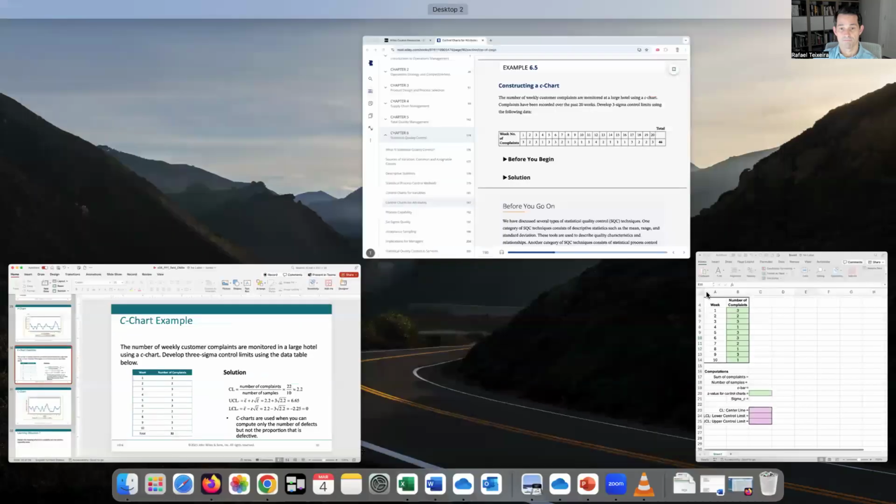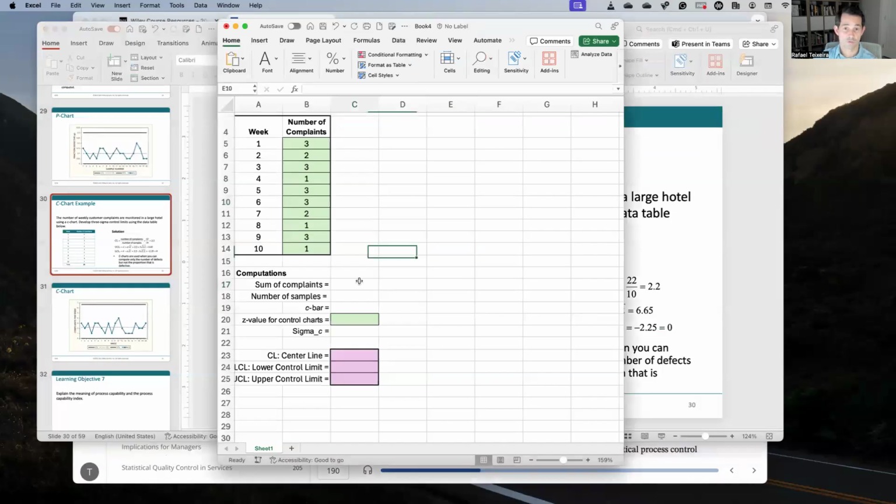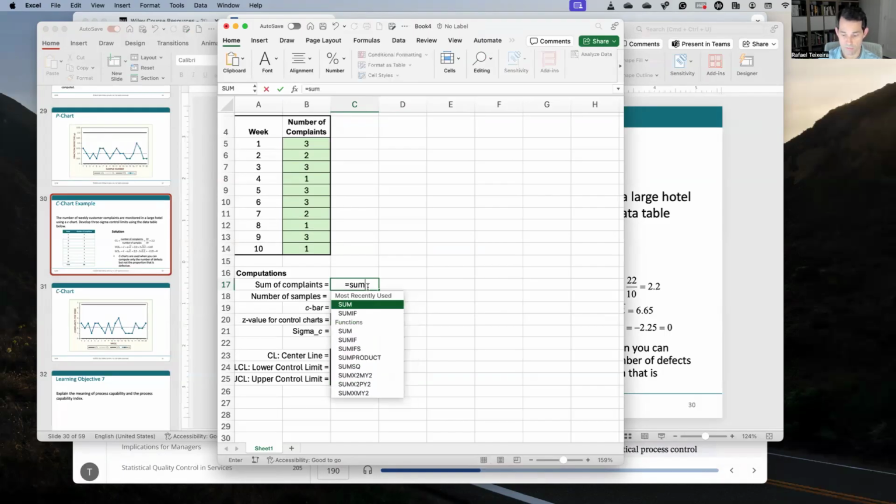There are two ways of doing this, and I'm going to do both. First, I sum the number of complaints: I type equal SUM, open parentheses, select the complaints, close parentheses. And then the number of samples: I have 10 weeks, so 10 samples.